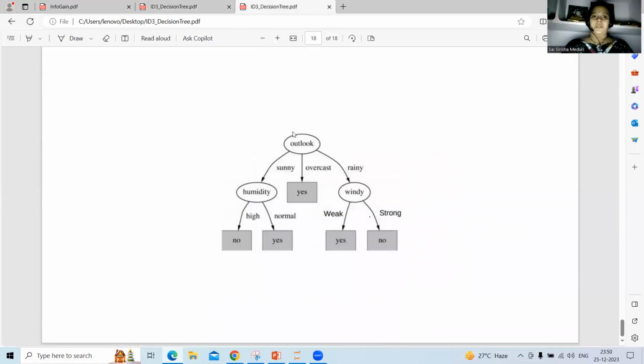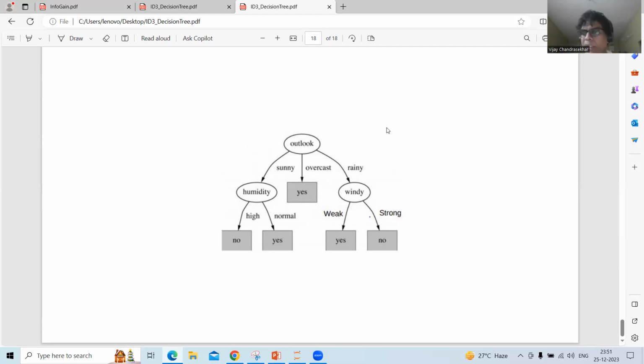So we have different features here, where Outlook is nothing but the climate, if it is sunny or rainy or overcast. Inside sunny we have humidity, and overcast and rainy. Under rainy outlook we have windy, and under windy, whether it is a strong wind or a weak wind. Depending on all these factors.